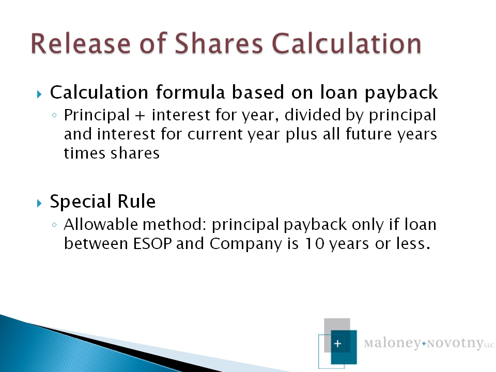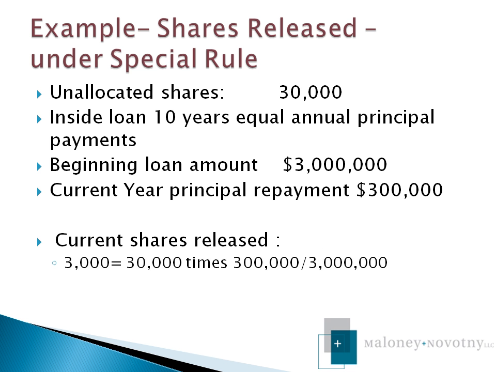So that's actually the method that we used in the example above. So the way that we came out with that 3,000 was simply taking the 30,000 unallocated shares. Okay, we had the inside loan of 10 years, so that's within the rules. Our beginning loan amount was $3 million, and our current year principal was $300,000.